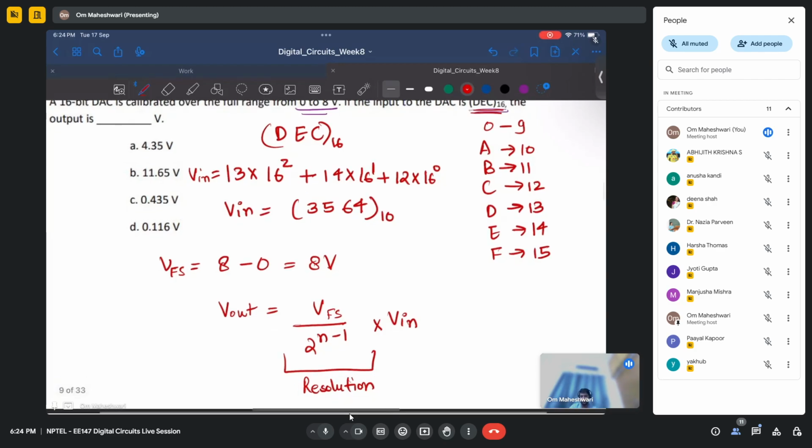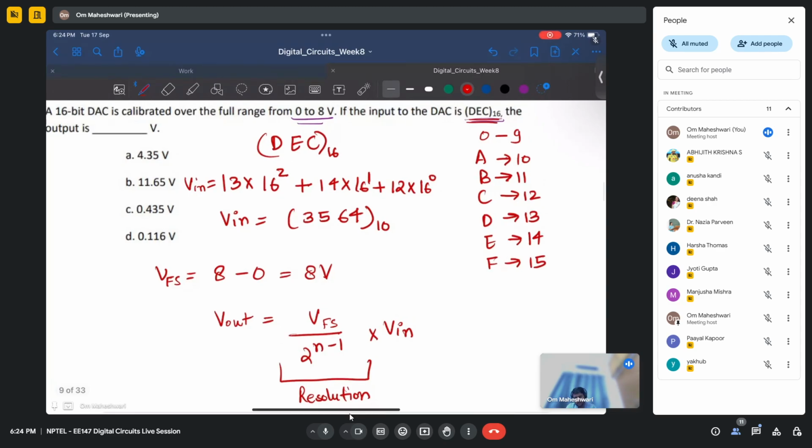Basically, you had this 0 to 8 volts, you divided it into 2 to the power n minus 1 parts, which corresponded to the resolution, and now we are counting where this 3564 lies when mapped in this range.